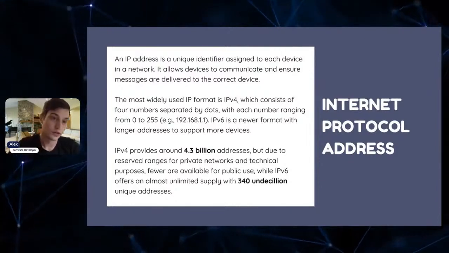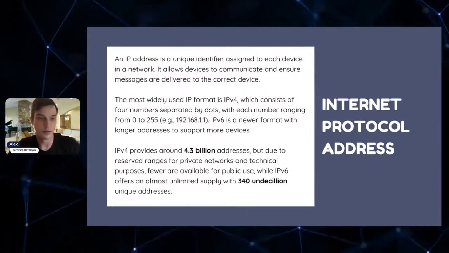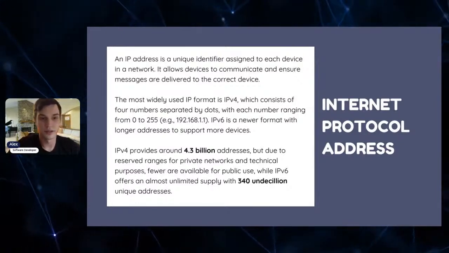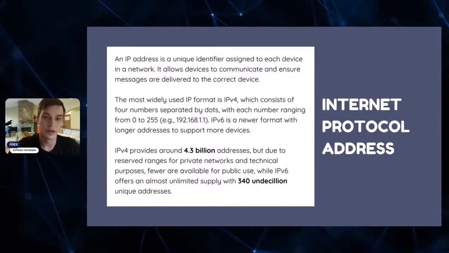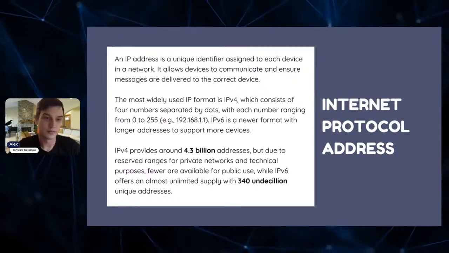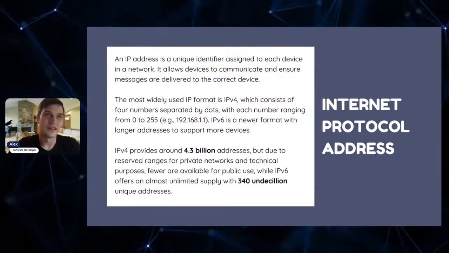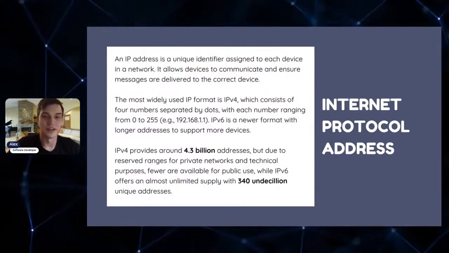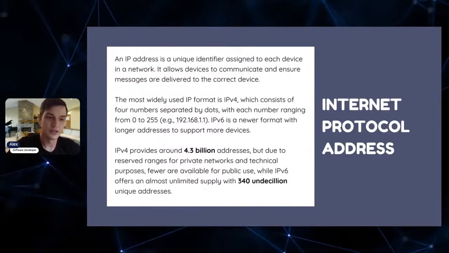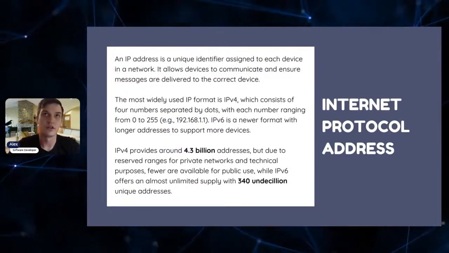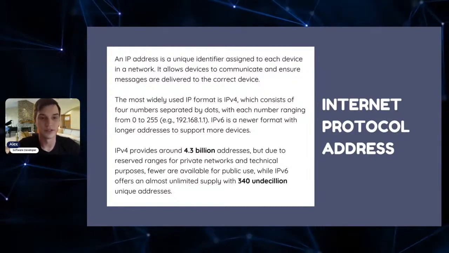It's not too much. But because now we have a lot of devices, smart people decided that we need to have more. And they created IPv6. I actually can't explain how it looks, because there are not only digits, there are characters, and it's a long string of data.